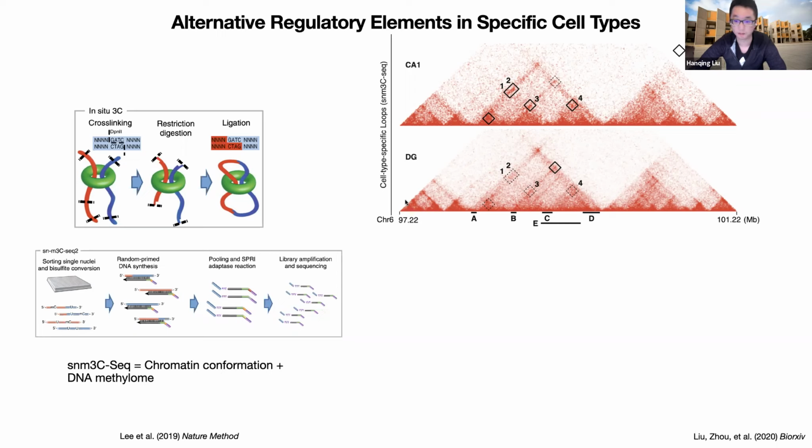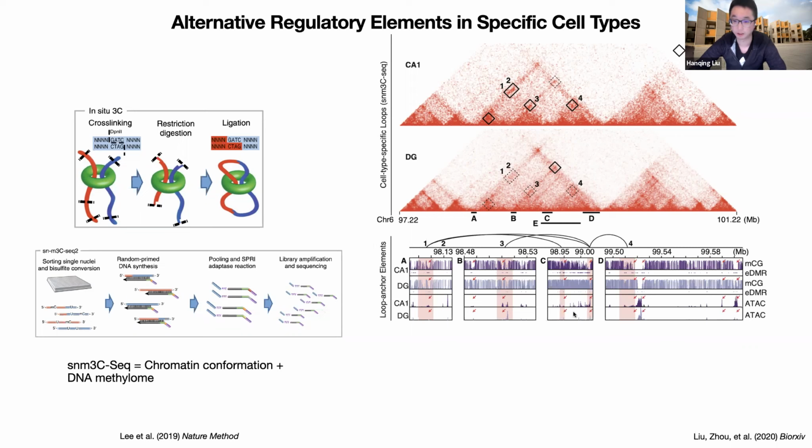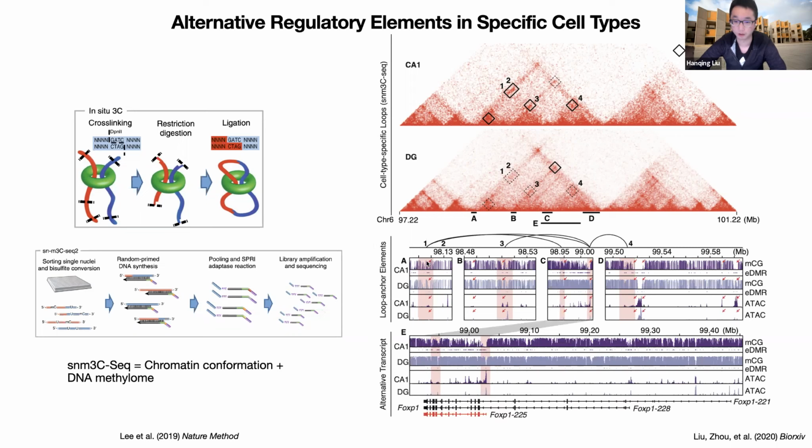We used this technology to generate a data set in the hippocampus, and using the additional chromatin contact information, we could potentially annotate many cell type differential methylated regions or the differential peaks to their target genes by looking at the loops of the chromatin contact information.